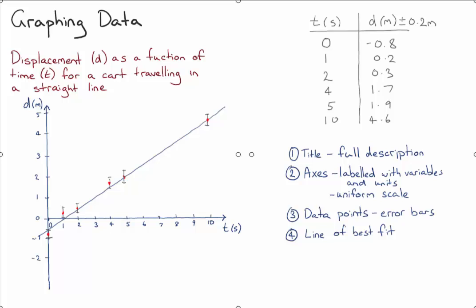Now, I hope this doesn't sound too much like an excuse, but it is rather difficult to draw graphs on a screen like this. When we're drawing lines of best fit, the line should go through the middle of the data, and you should see about half of the data points on one side, half on the other, but that data should be randomly scattered on both sides, so it shows that general trend.